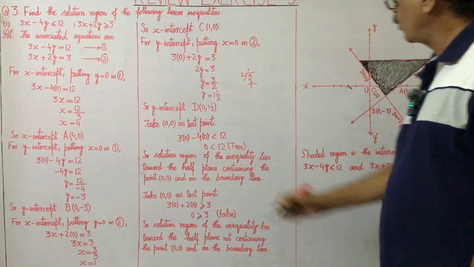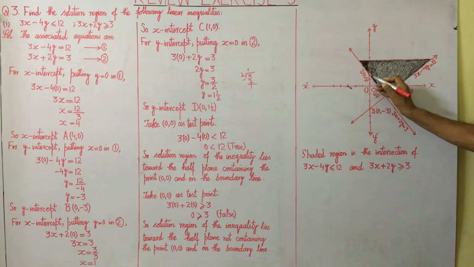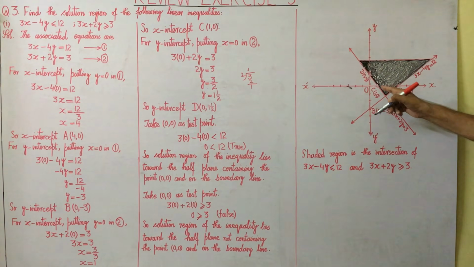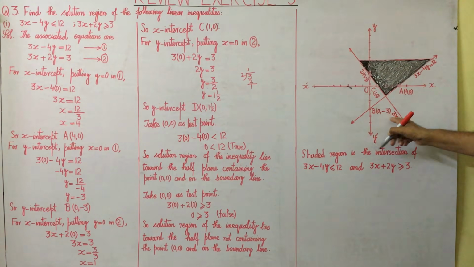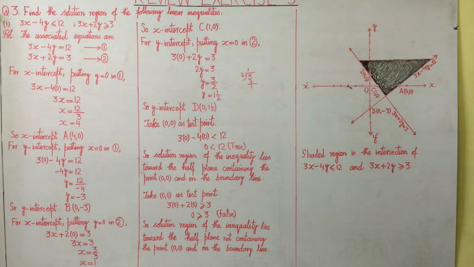Now D, 0 and 1 whole 1 by 2. 0 and 1, this is 2. 1 by 2 is in the mid of the 1 and 2. 1 whole 1 by 2 is this point. Point D, 0 and 1 whole 1 by 2. So we draw a line which passes through point C and D. The equation of this line is 3x plus 2y is equal to 3.